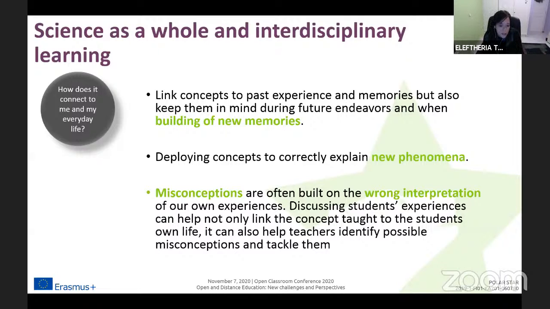So when you discuss the experience of the student connected to the concept that you teach, you increase the chances of spotting misconceptions that the students may have and being able to clarify them and tackle them. So in this case, we are building, again, on knowledge retention through experience.